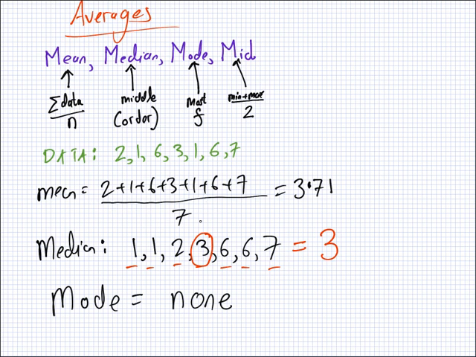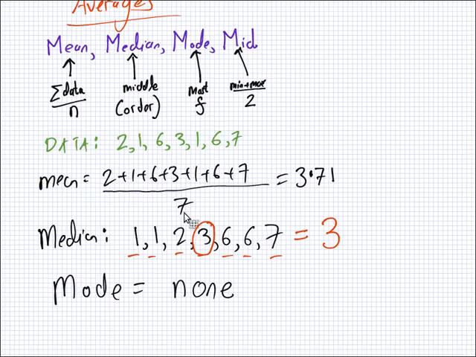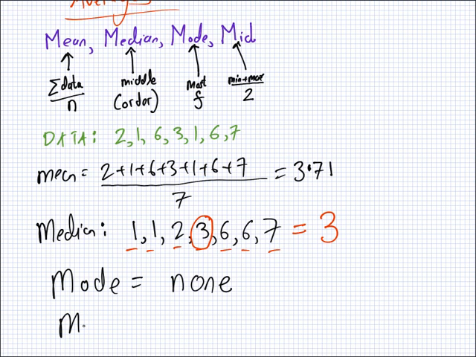Is that okay? And the last one is the midpoint. So what would that be in this case? 1 plus 7 over 2, which equals 4. It's always over 2, because you're taking the middle of the two ends. It's kind of like the middle of the range, isn't it?